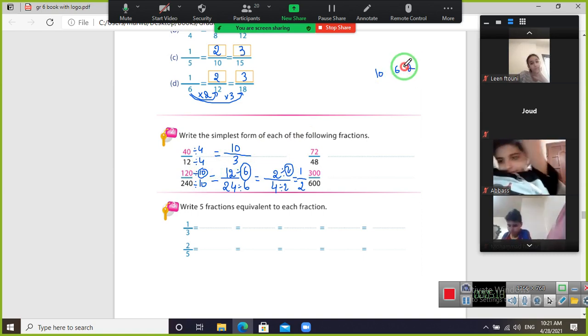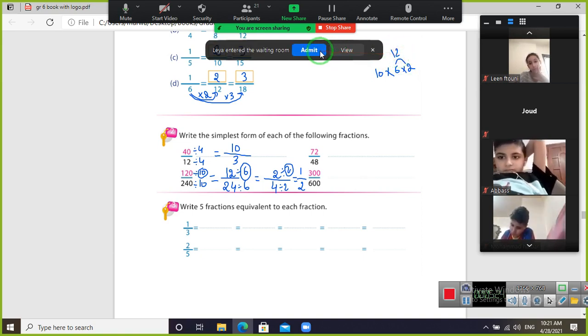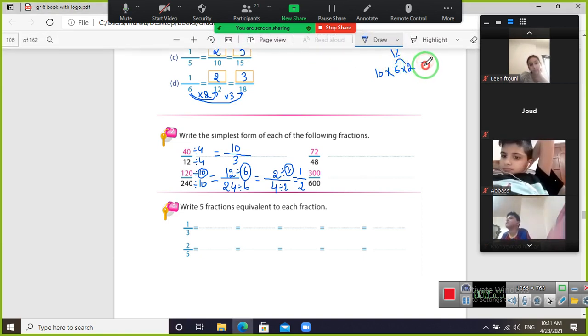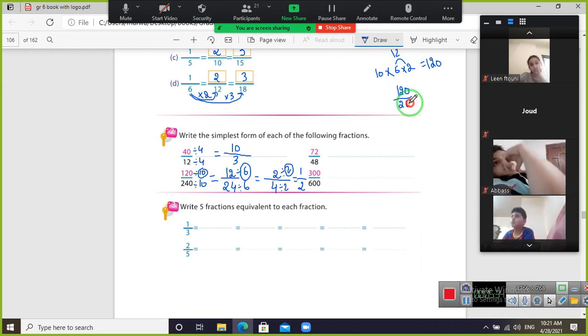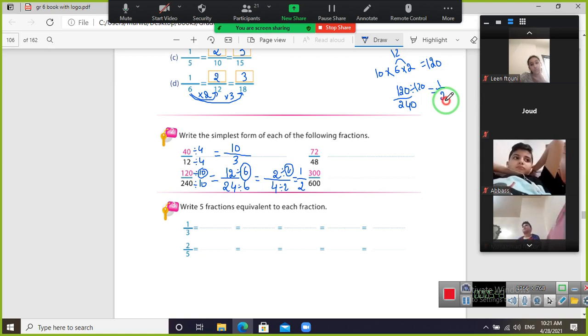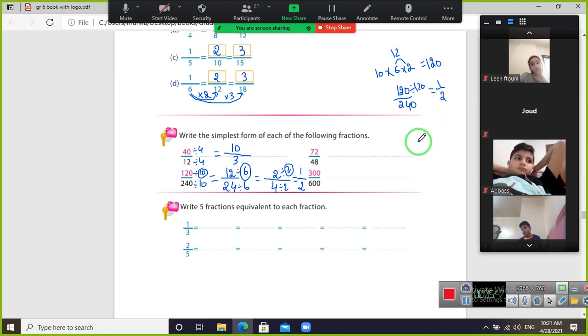Multiply them, teacher. 6 times 2, 12. 12 times 10 is equal to 120. So I can divide it directly, teacher. 120 over 240 by 120, up and down, it will be 1 over 2 also.